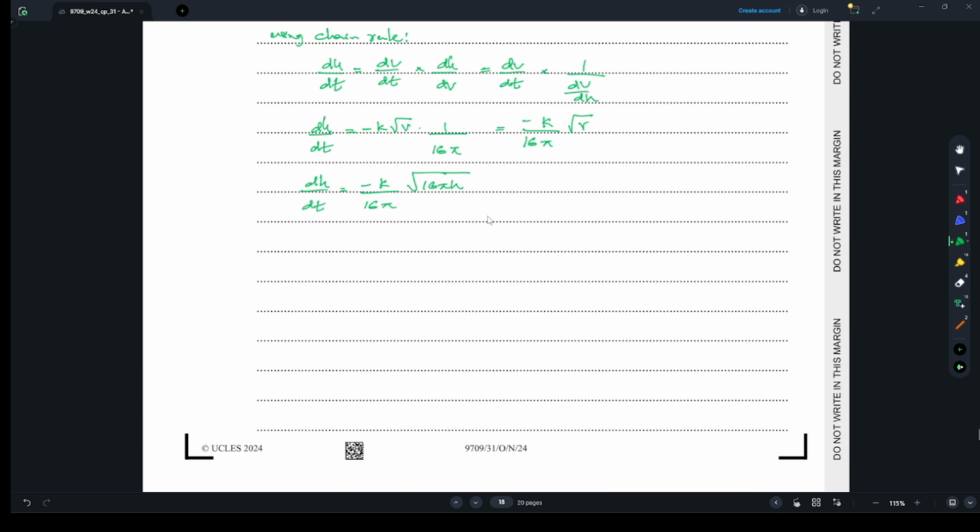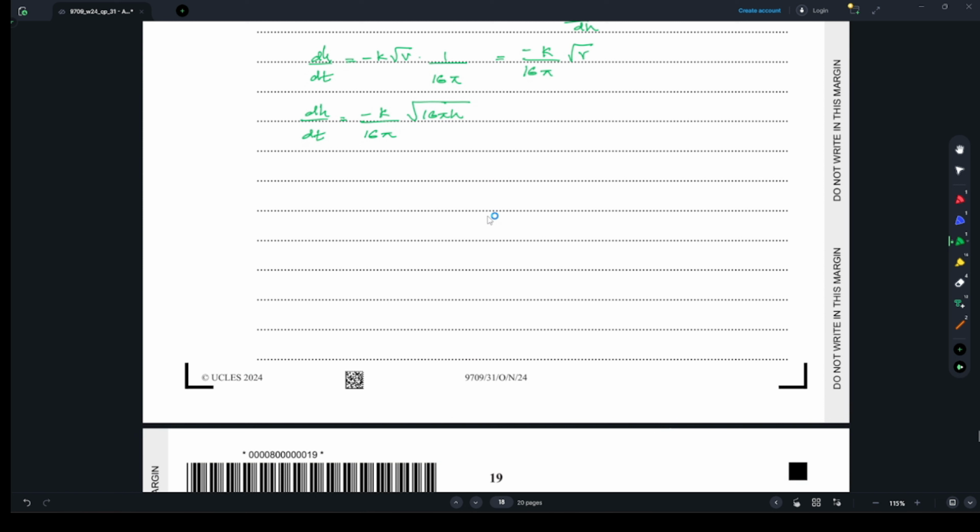Okay, right. So by simplifying this one, here we have root 16 pi h divided by 16 pi. If you multiply both the numerator and denominator by root 16 pi, you will receive minus root 16 pi over root h.